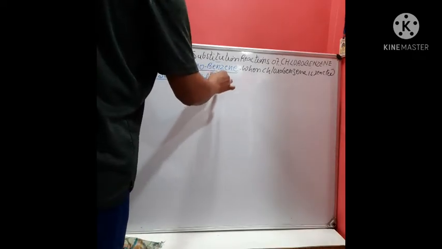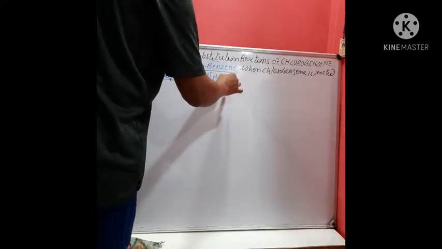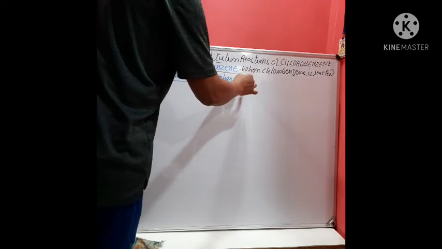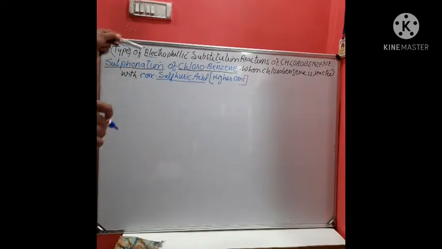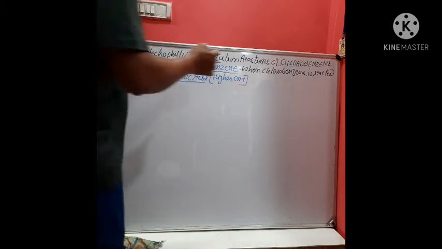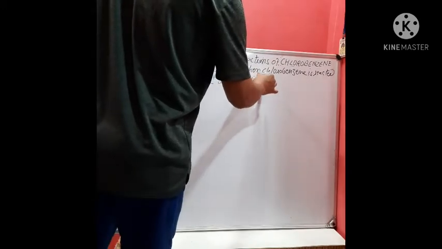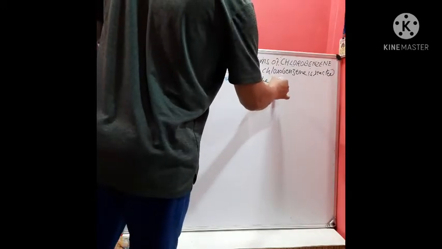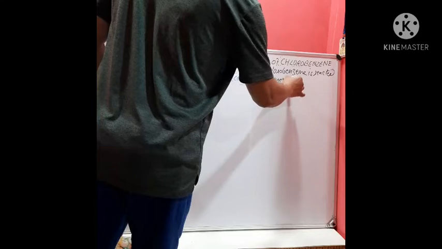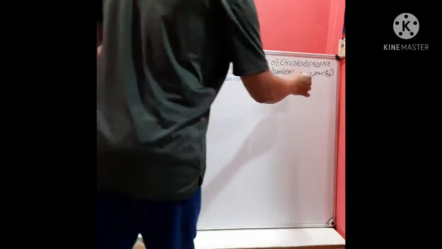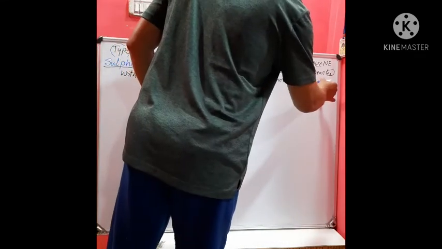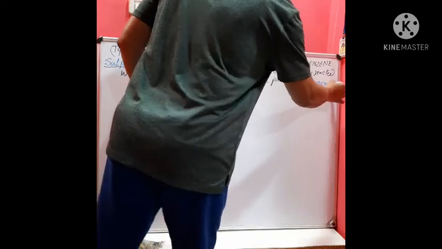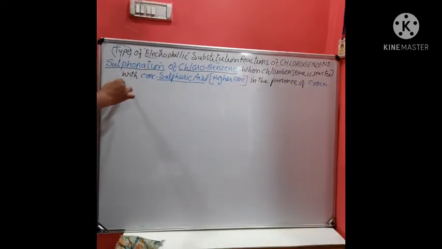Remember, because in the earlier reaction it was again the same reactant. So with concentrated sulfuric acid in the presence of, now the catalyst is concentrated nitric acid.